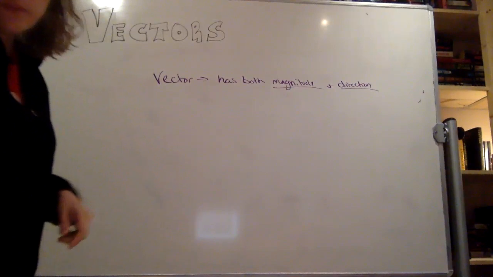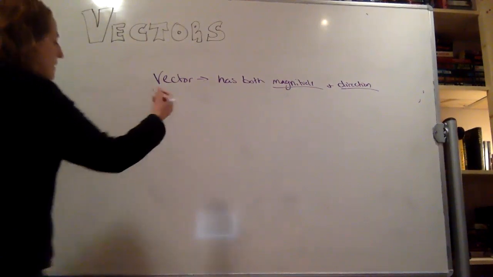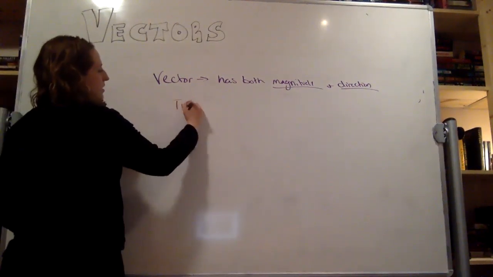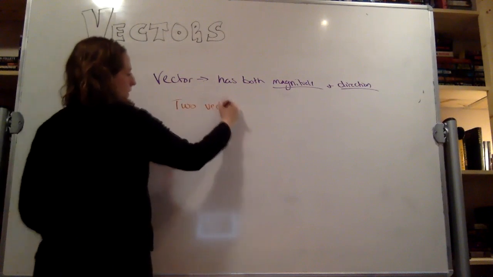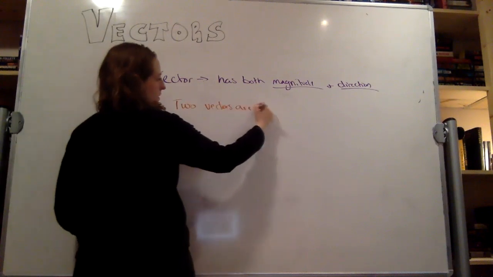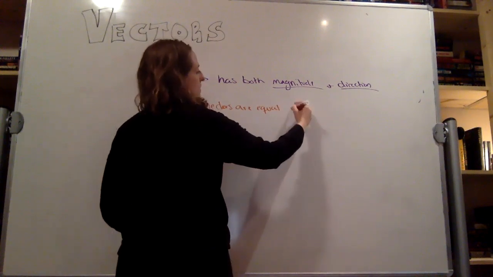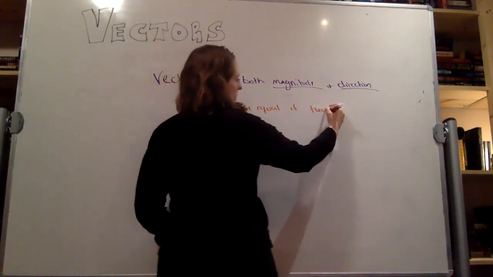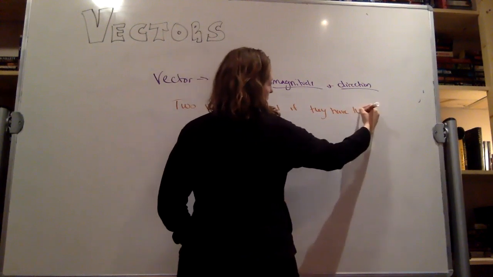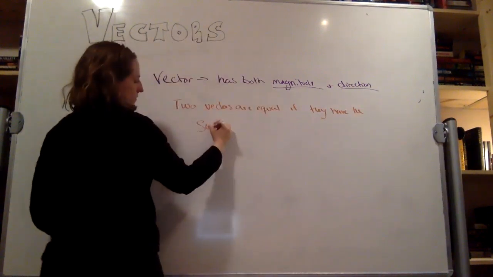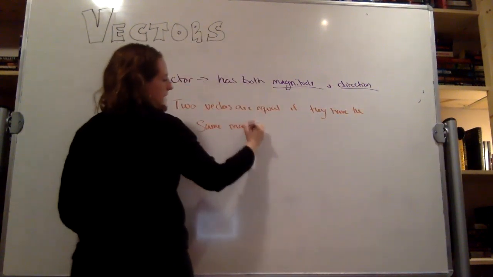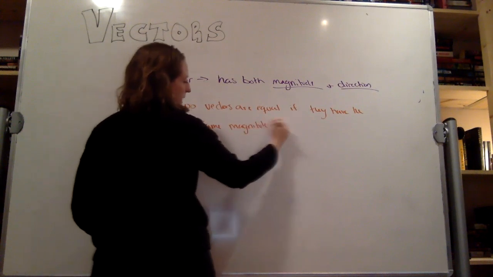All right. So I've mentioned this, but two vectors are equal if they have the same magnitude and the same direction. That doesn't mean that they have to have the same position.